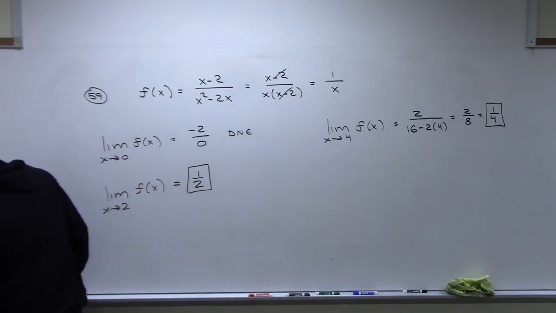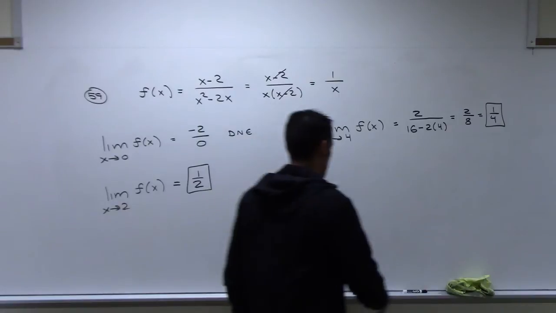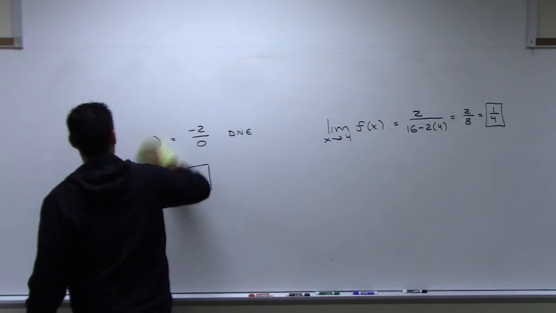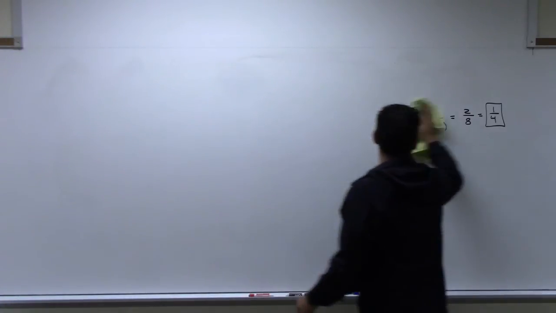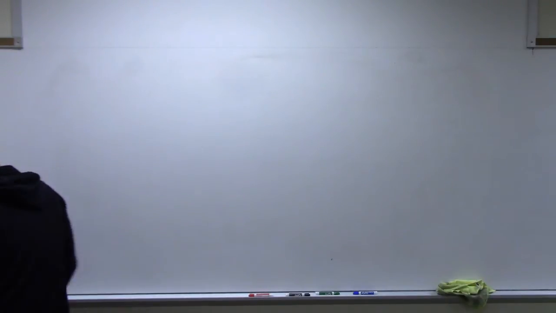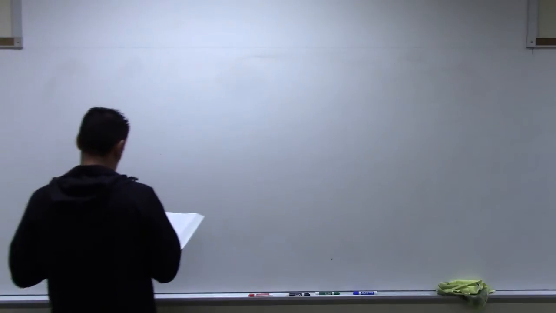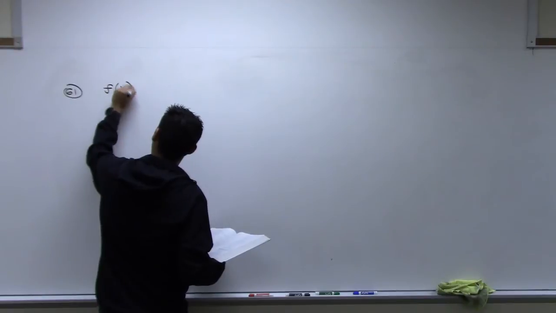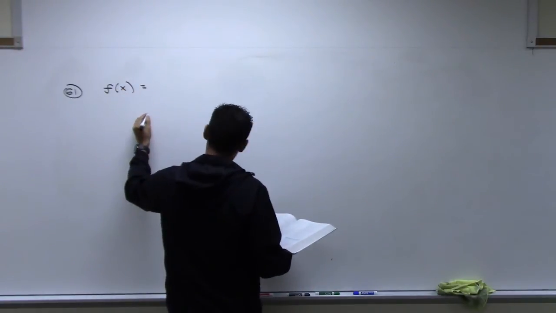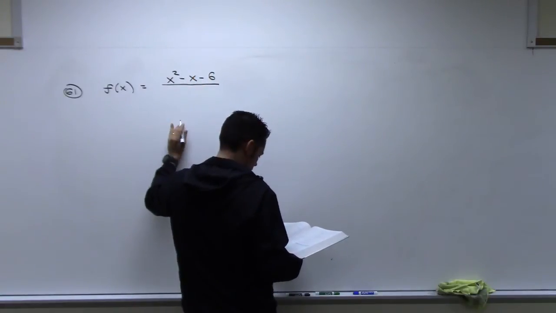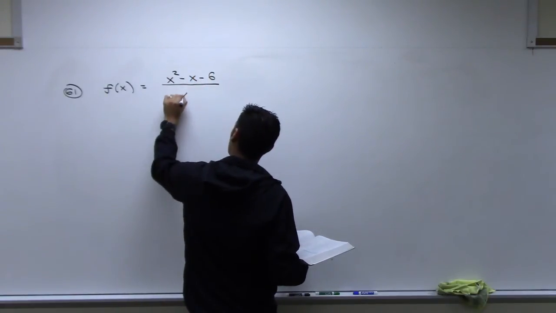All right, let's look at 61. F of x is x squared minus x minus 6 over x plus 2.